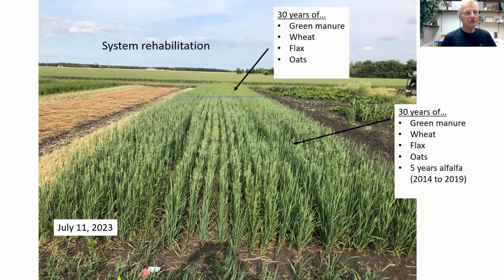The concern that I have is as people run into challenges with their long-term organic systems and the pressure to produce a harvestable crop every year to meet the markets or make the land payments, there's a compromise of the system. And eventually, as you can see by these images, the system kind of falls apart.